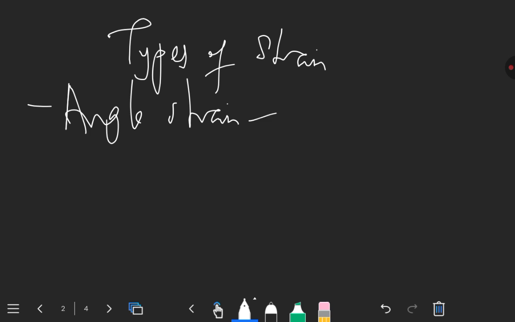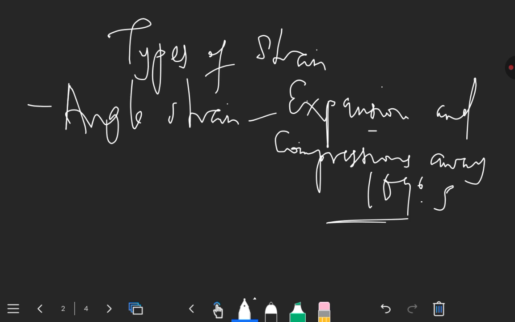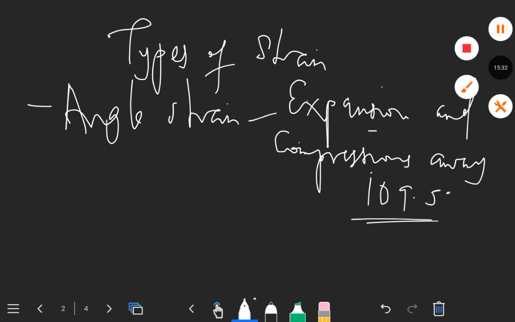So here we're just talking about expansions and compressions away from the most stable angle, which we said is 109.5 degrees. So that is what we call angle strain.